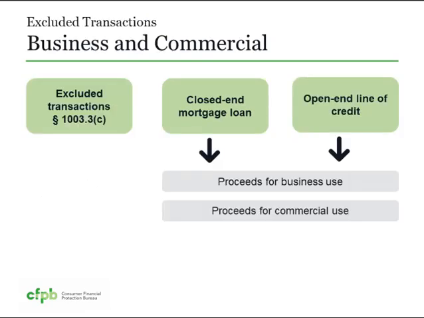The fourth type of excluded transaction we will review today is a closed-end mortgage loan or open-end line of credit that is or will be made primarily for a business or commercial purpose.